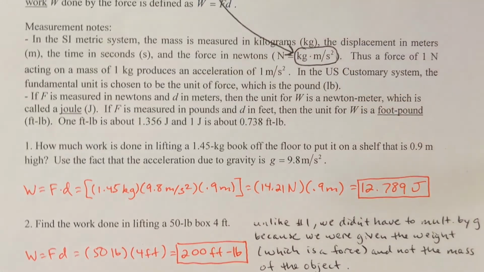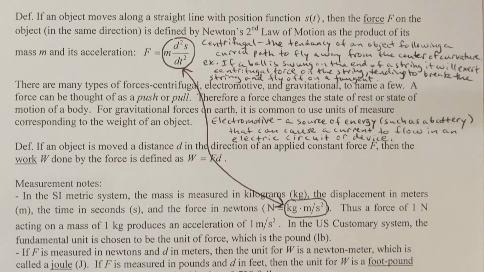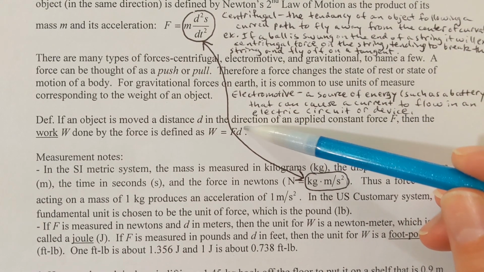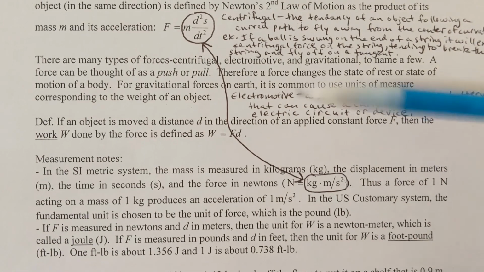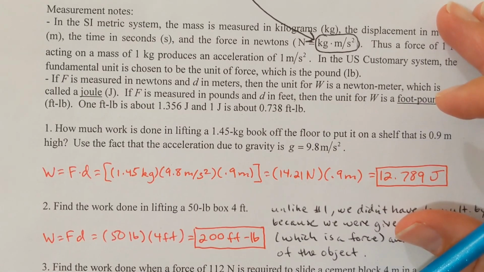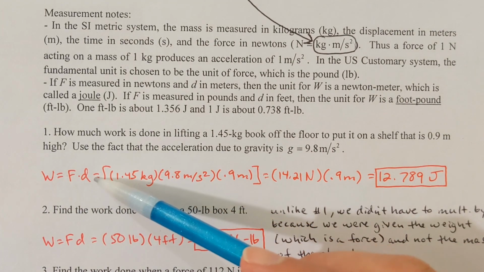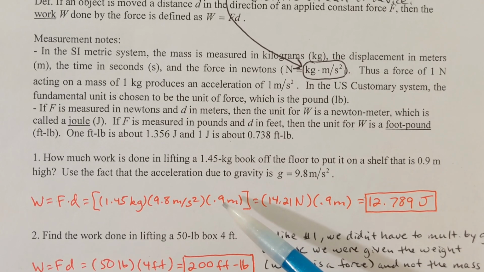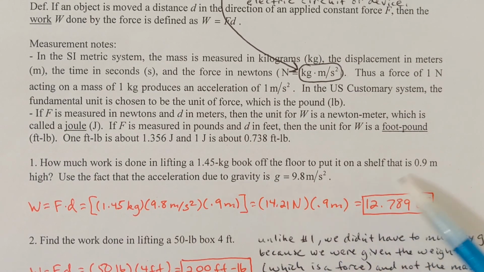So let's find the work done. Work is defined to be force times distance, right? And force is defined to be mass times acceleration. So I'm taking the force times the distance. The distance that the book is going to be lifted is 0.9 meters.